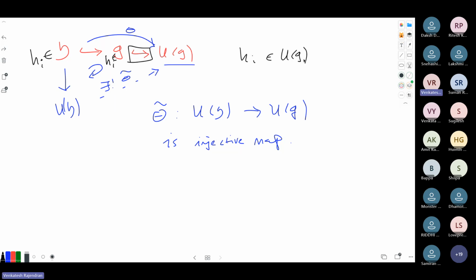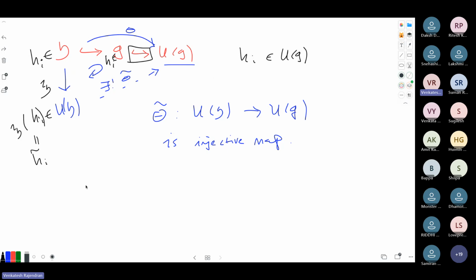So now if you come here, in some sense, the same HI is here. Okay, maybe if you want to use all the notations, not a problem. Maybe let's go slow. Let's call this iota H, then this is iota H of HI. Maybe let's call it HI tilde. So then what happens, if you look at the image of HI tilde inside UG, then this must be this HI.